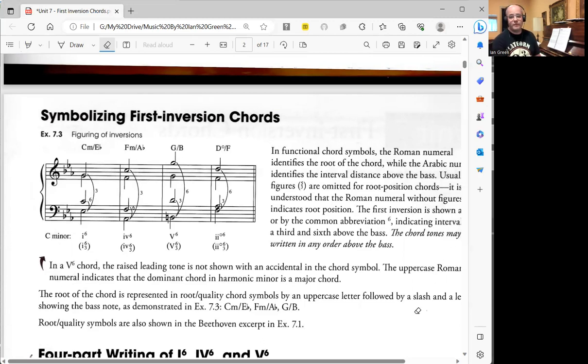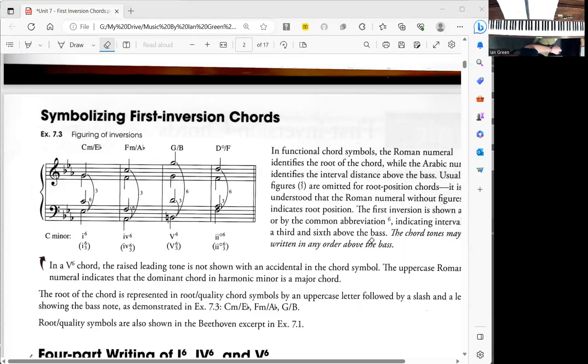So let me switch the camera so you can see here. If I were to play B diminished, B, D, F, and then go to first inversion, now the root of that chord's on the top, the 3rd is on the bottom, with it being a first inversion chord, and then the 5th is in the middle. So there's an interval of a sixth that outlines the chord, and then there's also an augmented fourth in the middle.